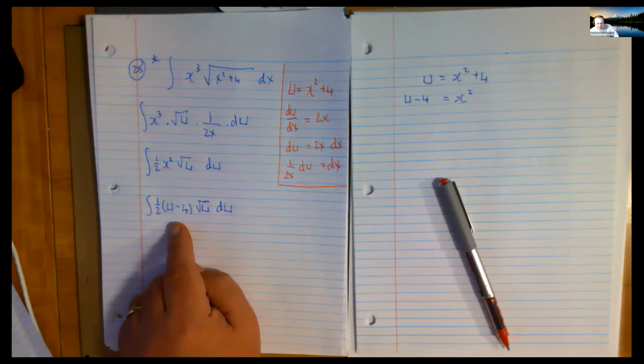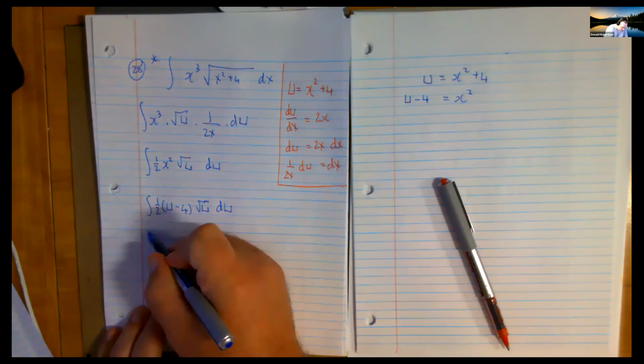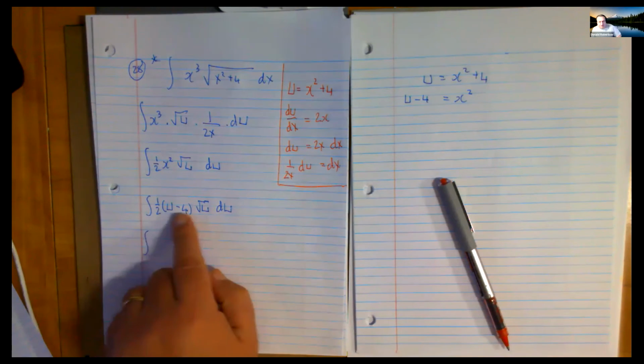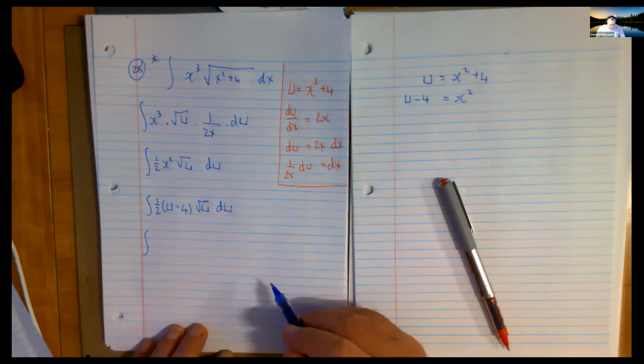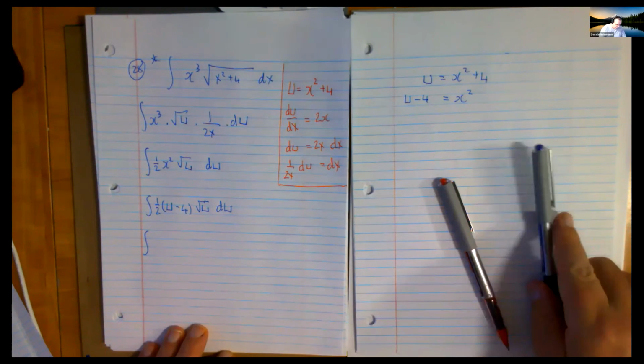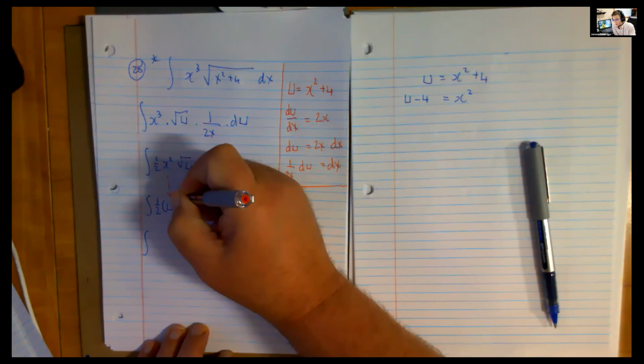I think 2 days ago we came up with a question that had this same issue. What's my next step going to be so that I can eventually integrate this thing? Multiply it together.